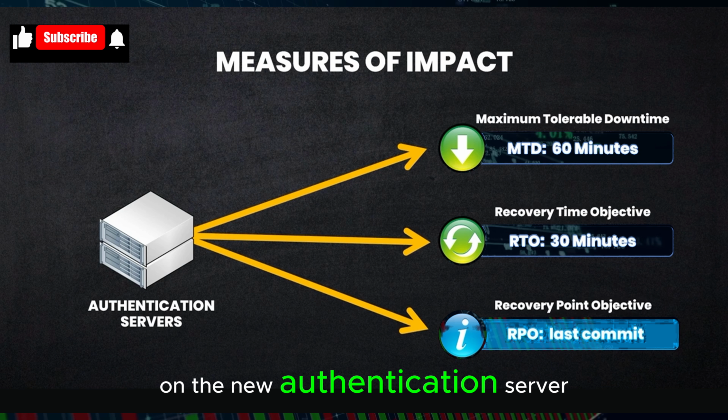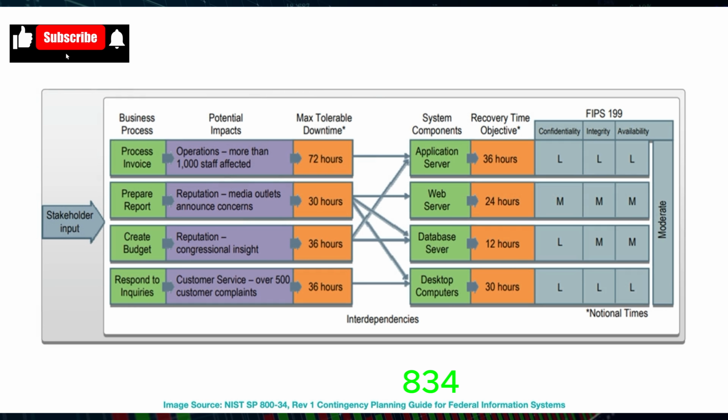Now, a really good resource for this is NIST Special Publication 800-34. This is the contingency planning guide for federal information systems, and I got this image from that publication. So as you can see, you have your processes over here on the left and your stakeholders.